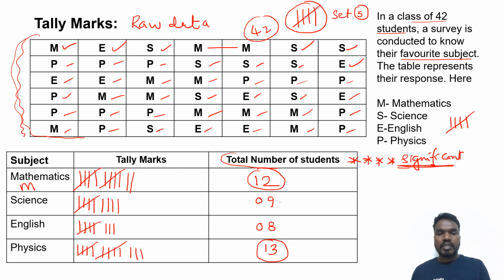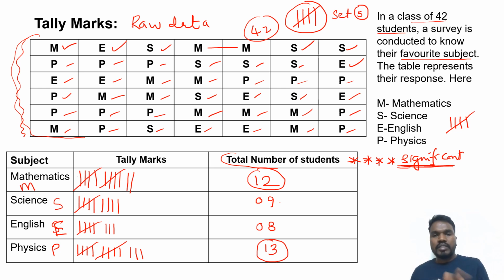And similarly there are 13 students, 9 students, 8 students for the physics, science and English responses, right? So therefore we have a special name for this. That I will discuss in the next slide.